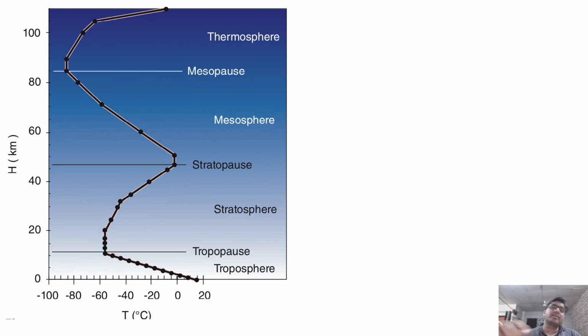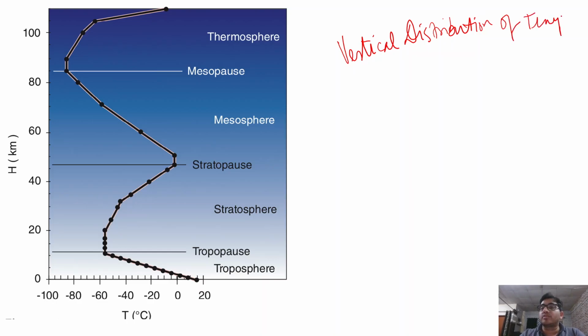So if we look at this vertical distribution of temperature of the atmosphere, if you see over here, the troposphere sees a drop in temperature up to the tropopause, till a height of around 20 kilometers.